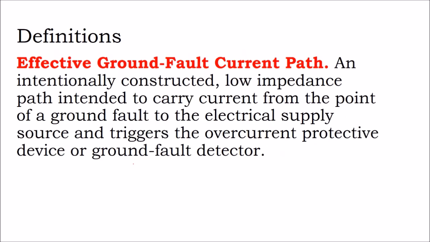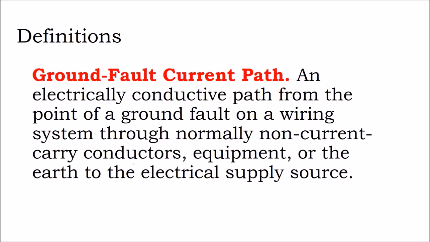The effective ground fault current path, an intentionally constructed low impedance path intended to carry current from the point of a ground fault to the electrical supply source, which triggers the overcurrent protective device or the ground fault detector. And that should be compared to not the effective ground fault current path, but a ground fault current path, which is more generic.